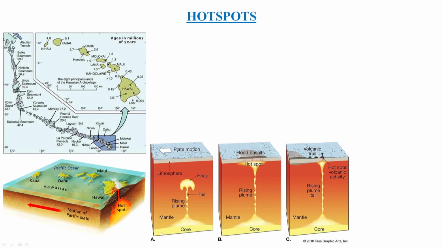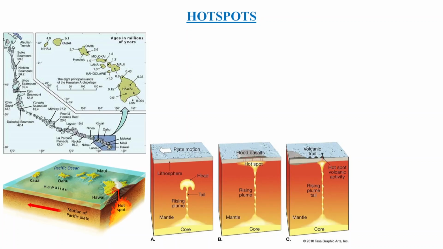So here again, if I look at this diagram, a rising plume is coming up from the core mantle boundary, and it is coming towards the surface like this. And like we all know that plates do move in space, so whatever plate is sitting above that hotspot or mantle plume is moving in some direction, be it northerly, easterly or westerly.